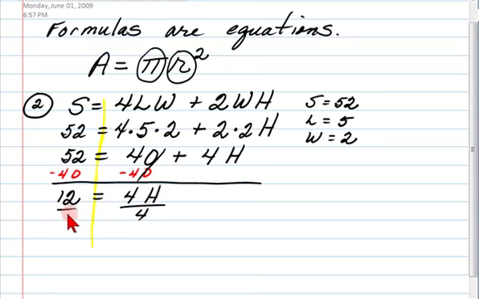Divide by 4, divide by 4. 3 is the height. So sometimes it could be useful for us to solve a formula for a letter other than the one that always is on the left. And in this case, it said, suppose you know S, you know L, you know W, can you figure out the height? Okay, let's do another one.